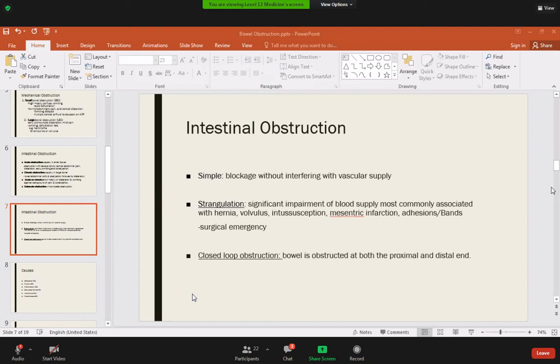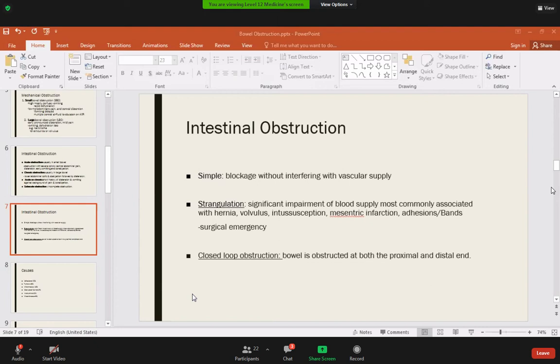And we have a closed loop obstruction, especially seen in cases of malignancies. If there is a tumor of the colon, which is causing severe narrowing, an annular growth that is causing severe narrowing of the gut, the contents of the gut are blocked in a loop, and that loop is between the cecum and that annular segment.